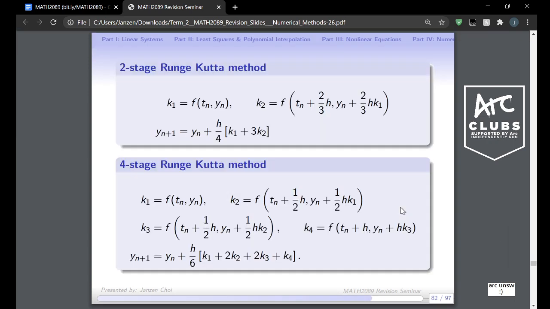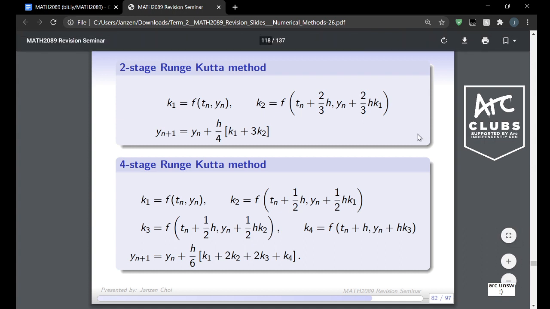Alright, the Runge-Kutta method. This is the explicit Runge-Kutta method, which involves solving the coefficients for each iteration, using expressions that you found from the last iteration.